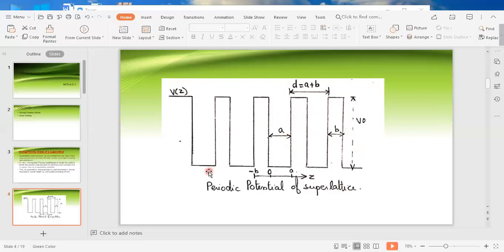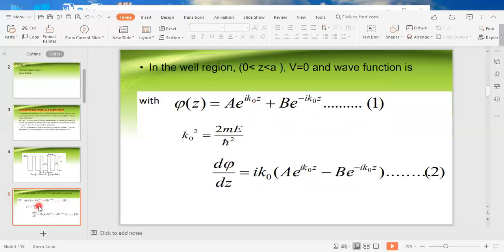So keeping all these in mind, we go to the derivation for the Kronig-Penney model of a superlattice.